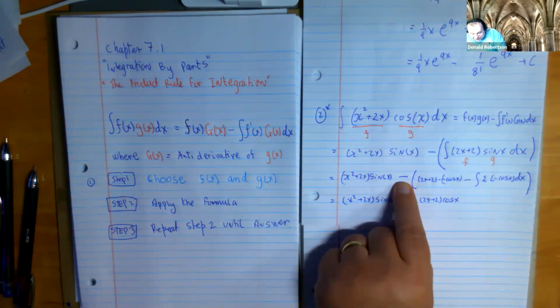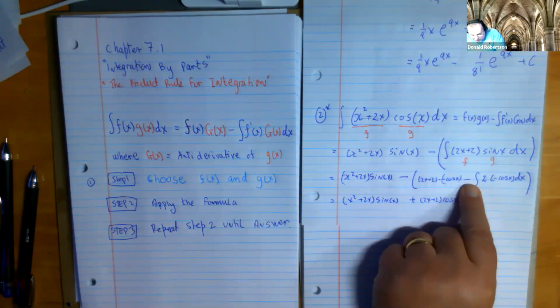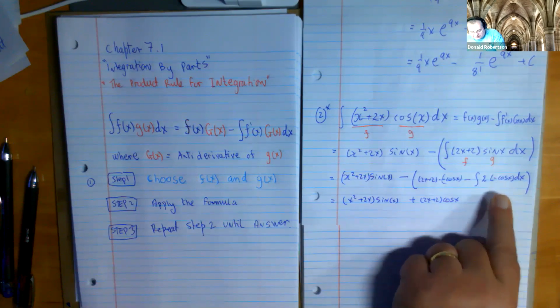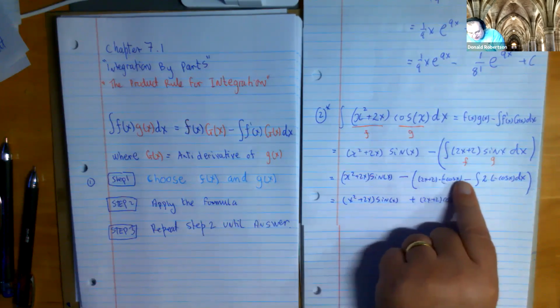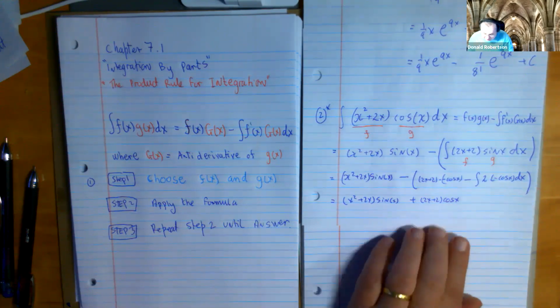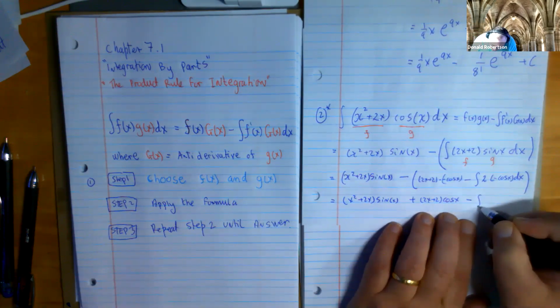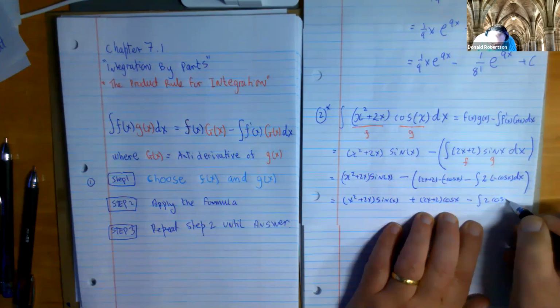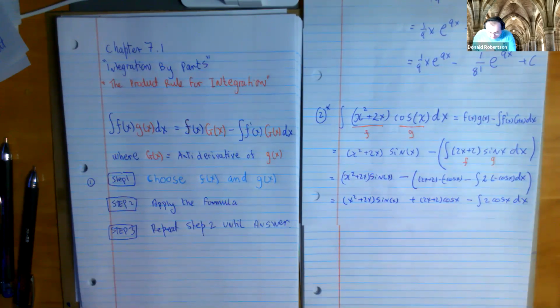This is a negative of a negative of another negative. You see that? This is negative. The negative of this makes it positive, but this itself is negative, and that's why I now have a negative 2 cosine x dx. There's just too much happening there for me to try and keep it juggling in the air. So all I've done in this line is tidy things up.